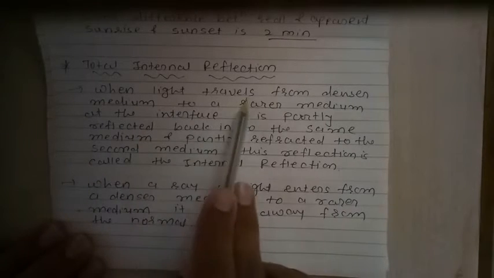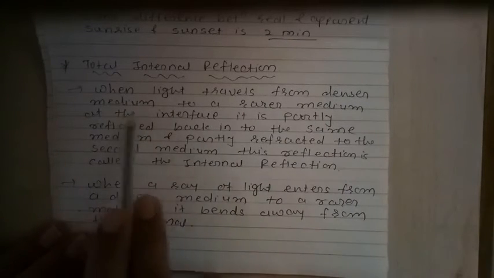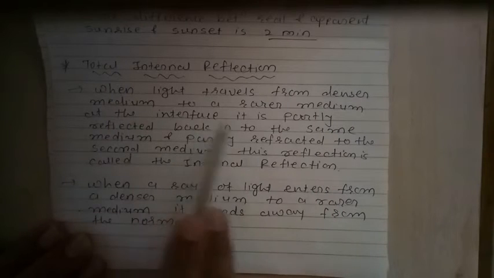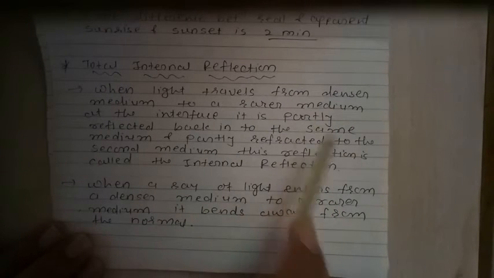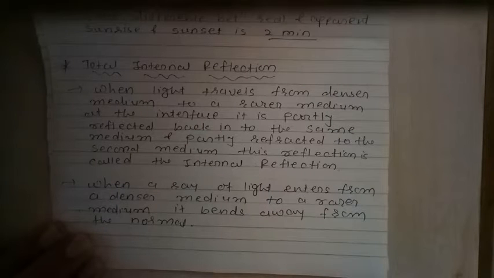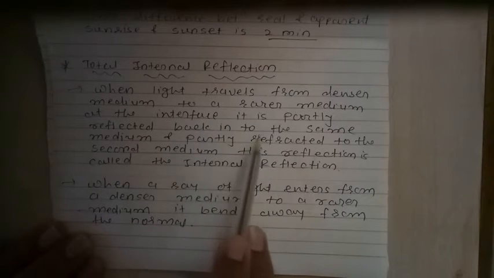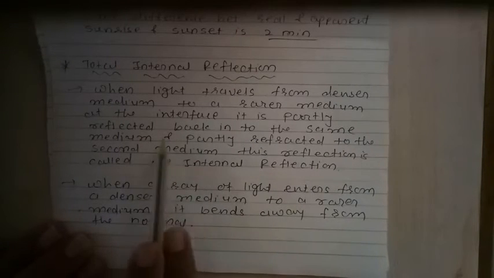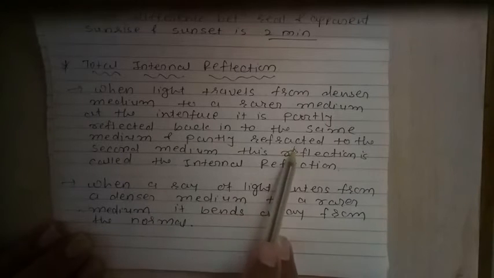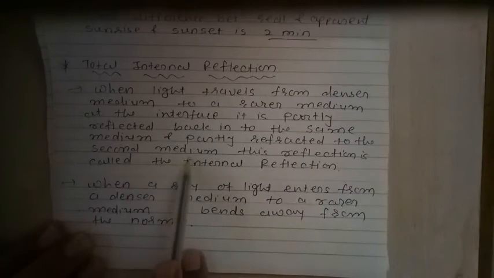So when light travels from a denser medium to a rarer medium, at the interface it is partly reflected back into the same medium and partly refracted into the second medium.